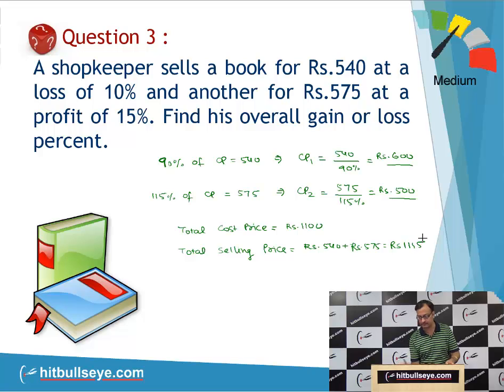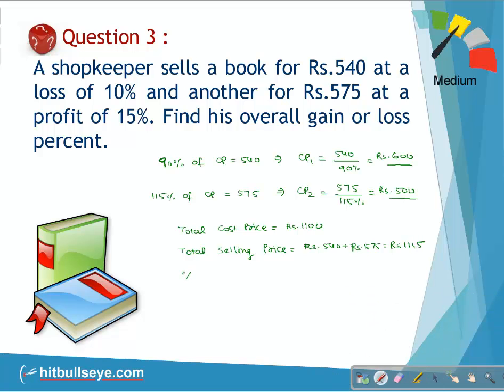So now students, let us apply the formula of profit percentage. So the profit is 1115 minus 1100, that means 15 rupees profit on a cost price of 1100 rupees. So which on solving comes out to be 15 by 11 or 14 by 11%.